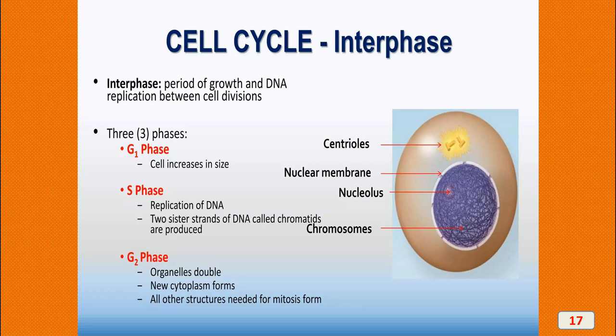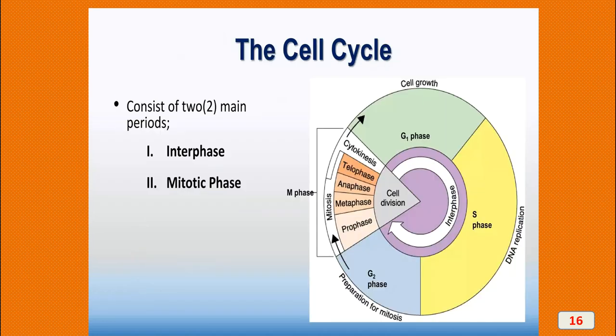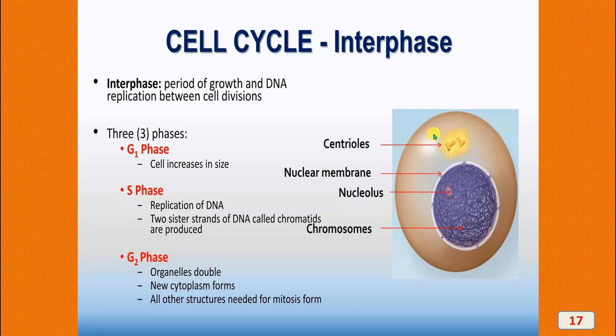The first phase is the G1 phase. Here, in this phase, the cell increases in size. Then in S phase, replication of the DNA occurs. The two sister strands of DNA, called chromatids, are produced.